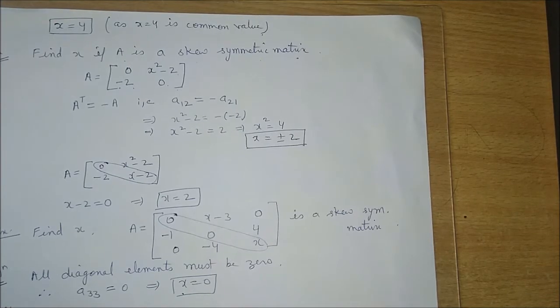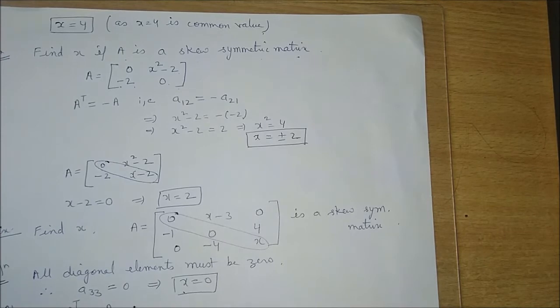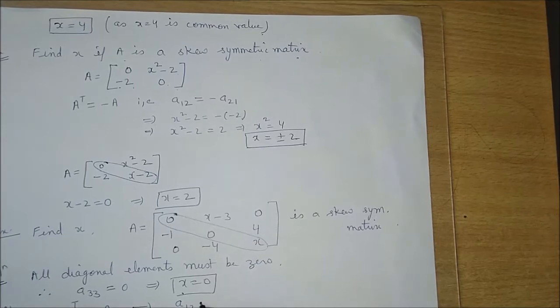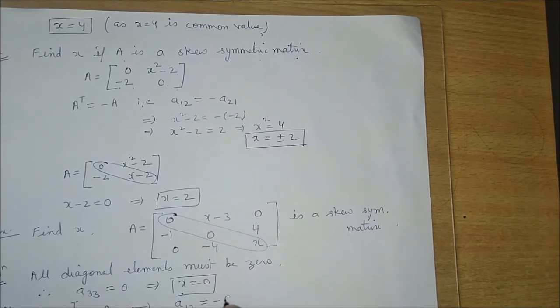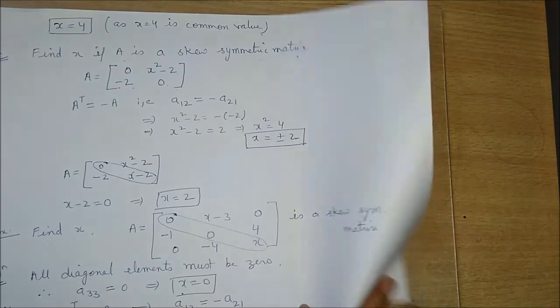Also, transpose of A must be equal to minus A. That implies A12 should be equal to minus of A21. That means x minus 3 should be equal to minus of minus 1.